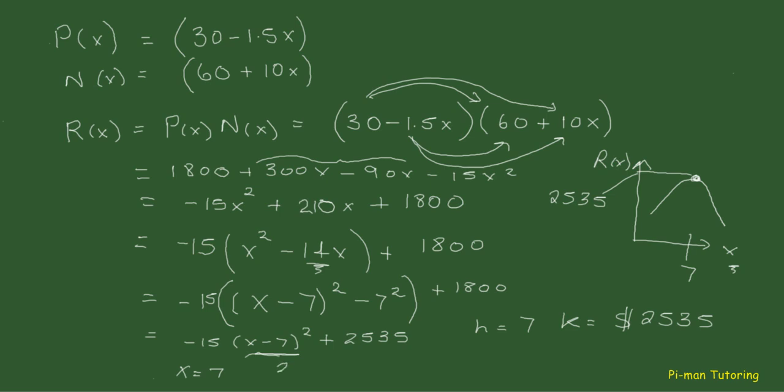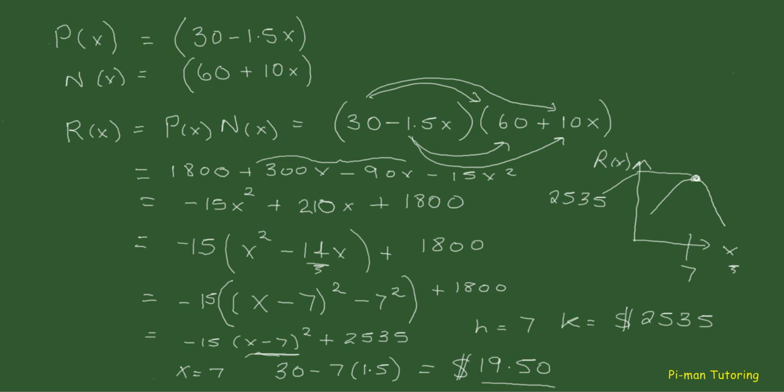So my ticket price becomes 30 minus 7 lots of $1.50. And that means my ticket price is down at $19.50. So to optimize the revenue, they need to reduce their price to $19.50.